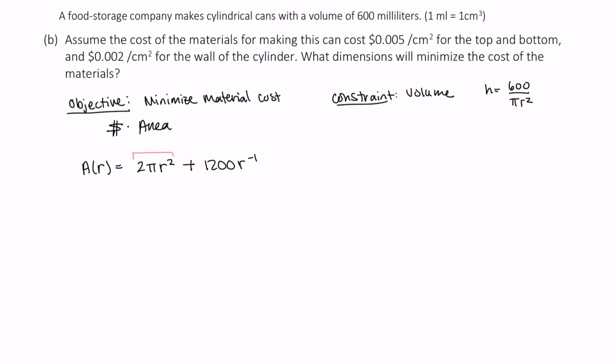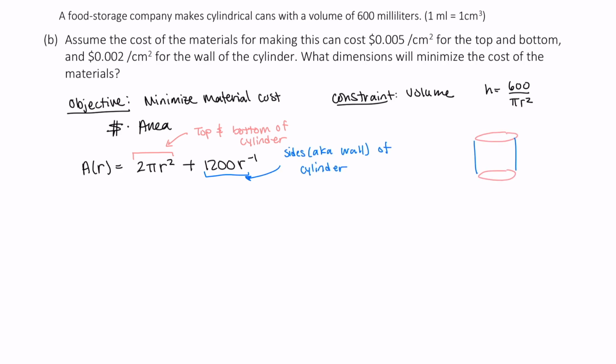Now, this came from the top and bottom, and this came from the sides, that is the wall of the cylinder. Well, we are told the cost for the wall of the cylinder here, and here's our cost for the top and bottom.